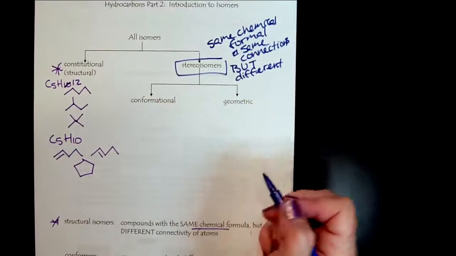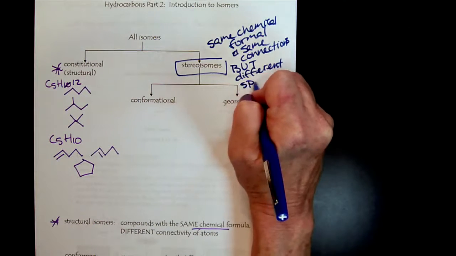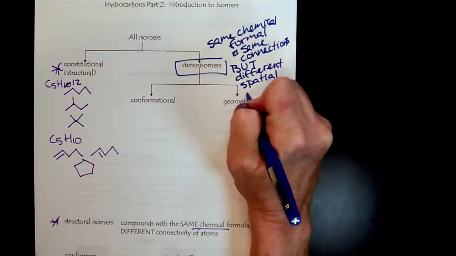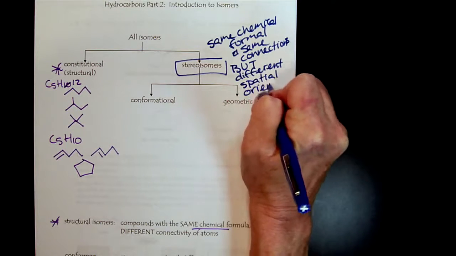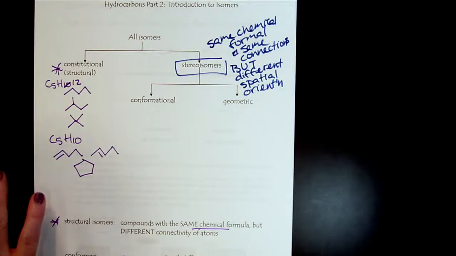So same chemical formula and same connections, but different spatial orientation. There are 3 different types of stereoisomers. We're going to just focus on 2 for this video.